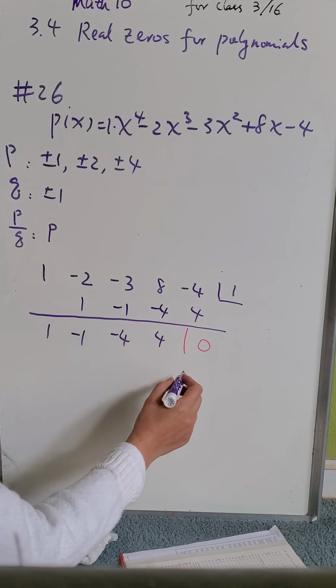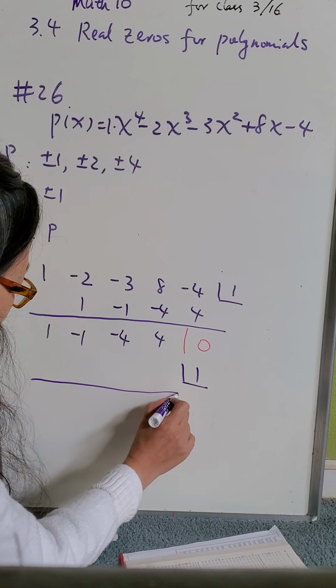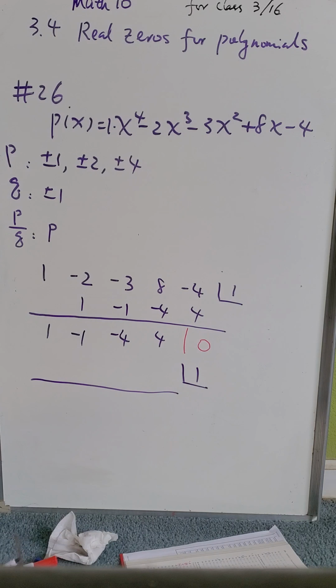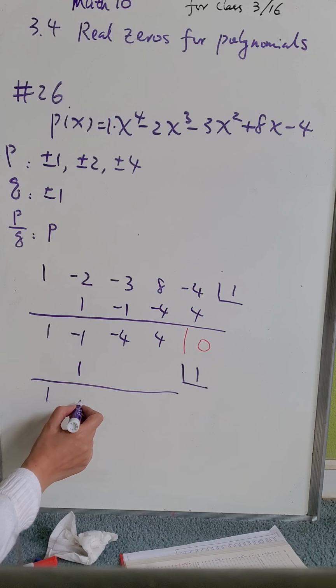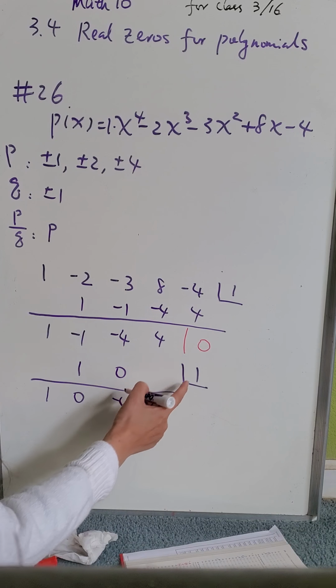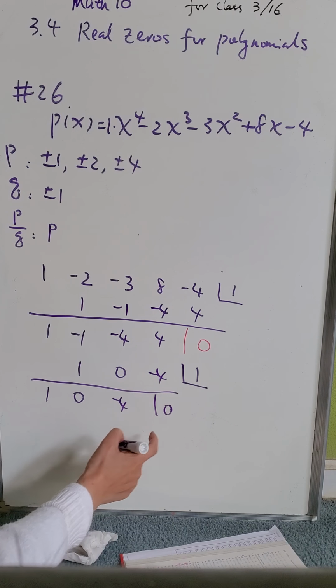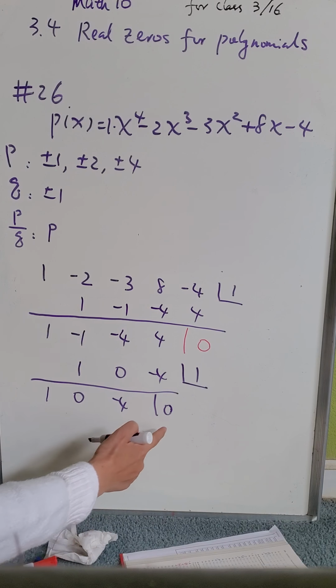Now I'm going to try 1 again, because you can try the same number until it doesn't work. And then I put down 1 here: 1, 0, 0, negative 4, and then 0. So I get lucky, I get 0 again.